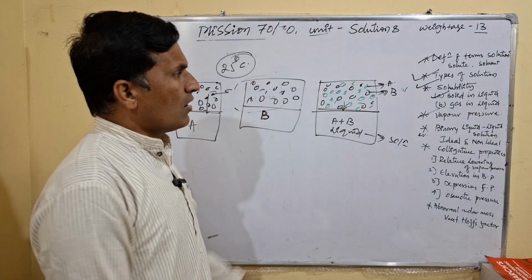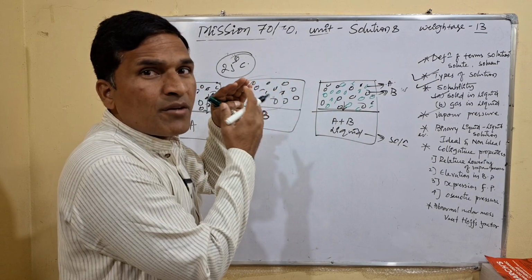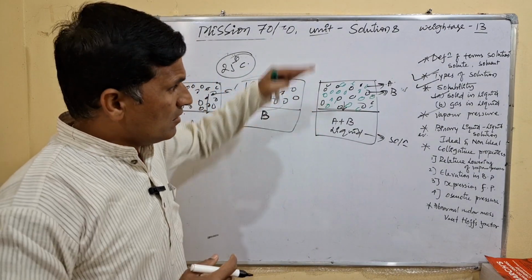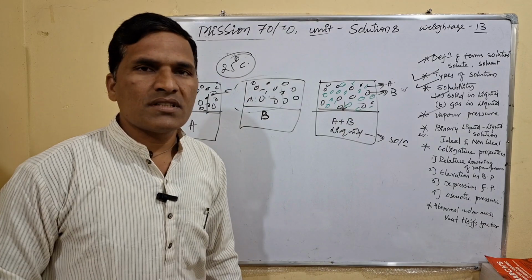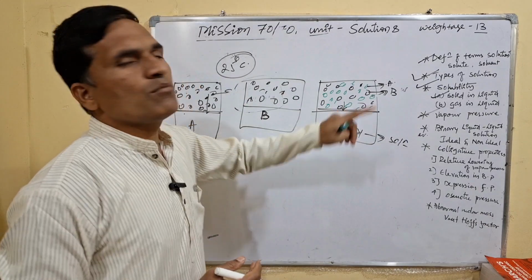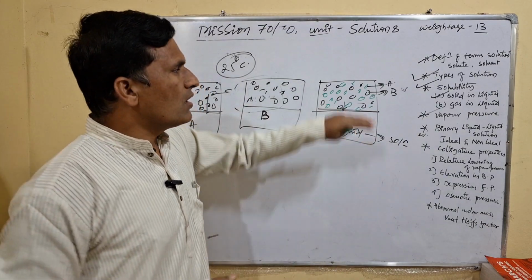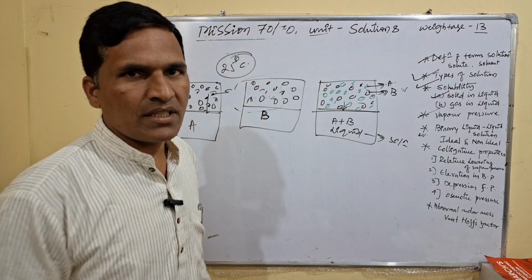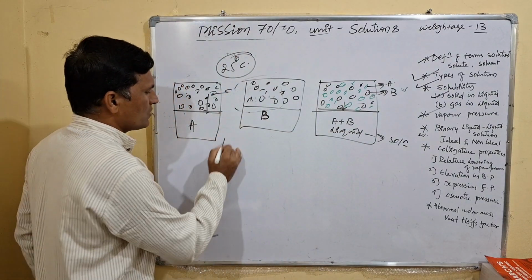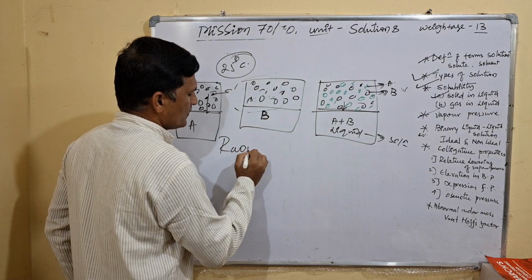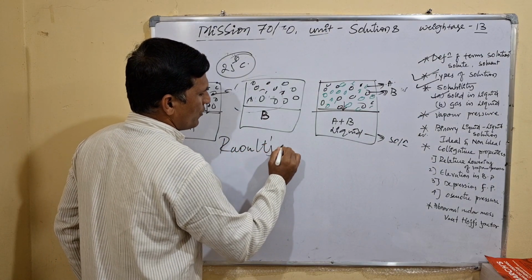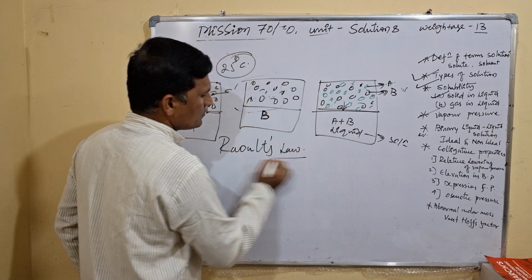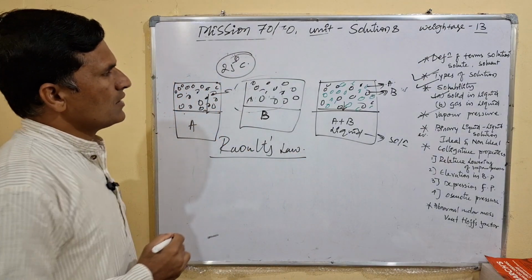Now how much pressure a particular vapor form exerts over the surface depends upon its mole fraction in the solution, or its mole fraction in the gaseous phase, and that is given by the very famous Raoult's law. It is very important. How are we going to define this?